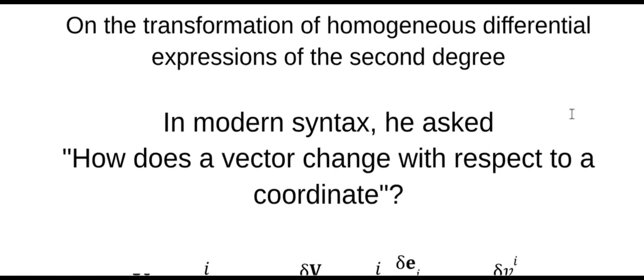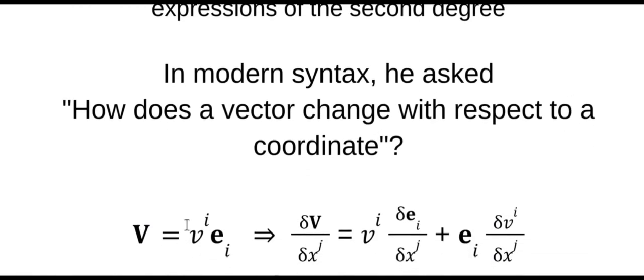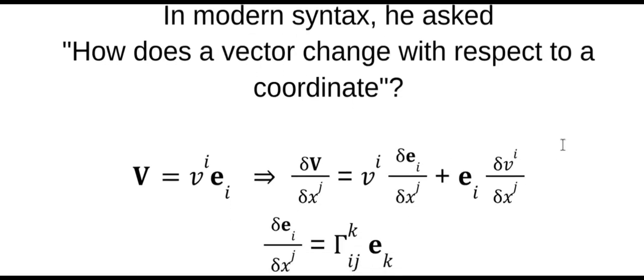Okay, so we have a vector which we write in summation notation. So what is the change in that vector with respect to an arbitrary coordinate? Well, we use the product rule here, right? First times derivative of the second plus the second times derivative of the first. And then you say, well, what is the derivative of a basis vector with respect to a coordinate?